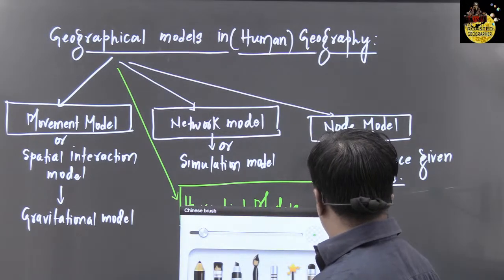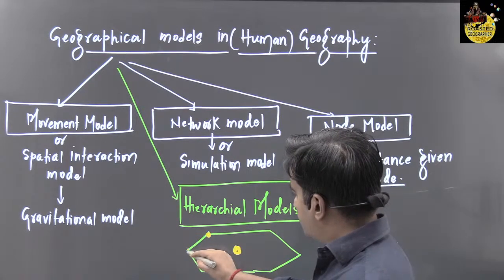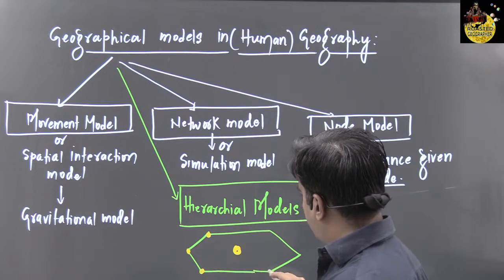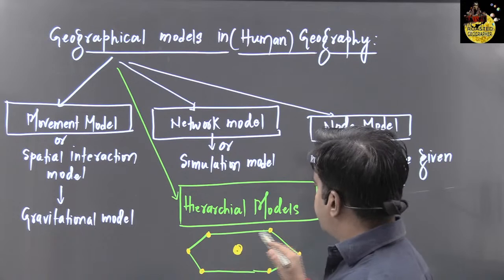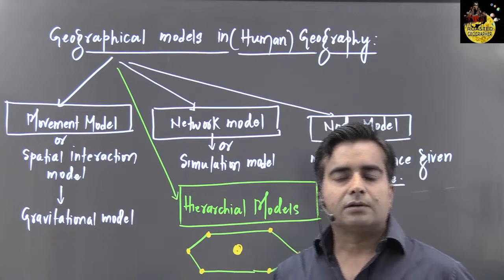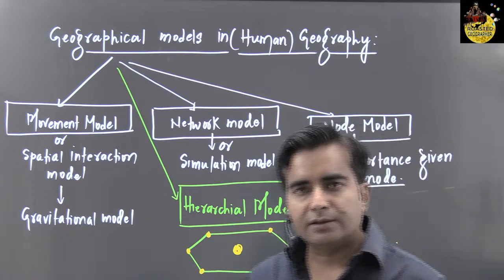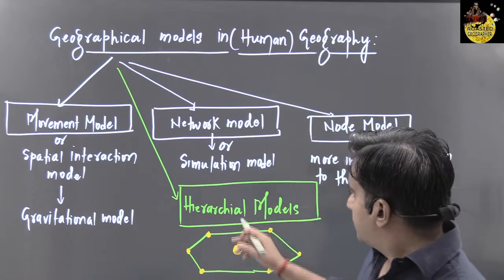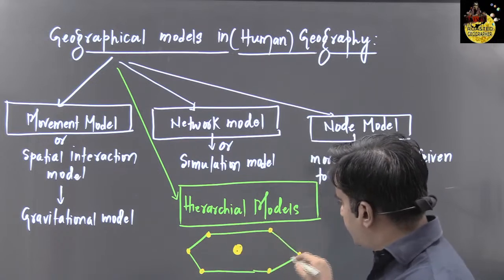So main city, okay, is at the center, smaller settlements in a hexagonal pattern. Okay, so hexagonal model. So some geometrical modeling used to define the things. Okay, so hierarchy. This is the biggest center. These are smaller settlements.